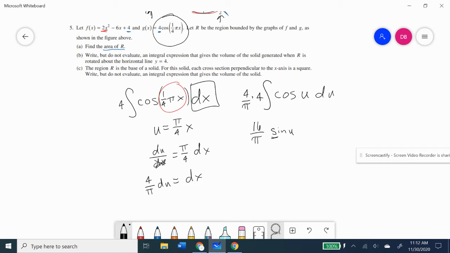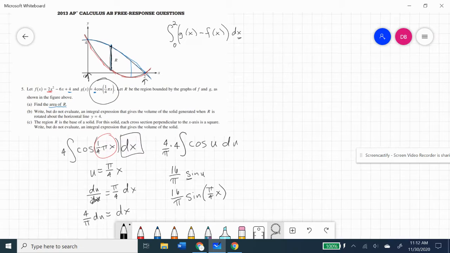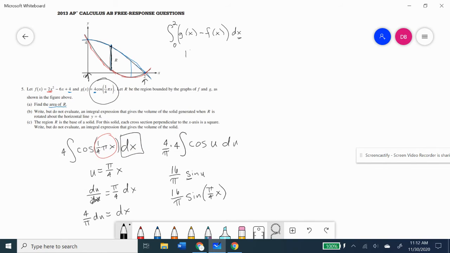And if you think about the derivatives, when you take derivatives of trig functions, only the ones that are cosine, cosecant, and cotangent are the only ones that provide negative with their derivative. Then I can put the u back in. And I'm just going to write pi over 4 times x. And that is part of the problem. Let me write that down.